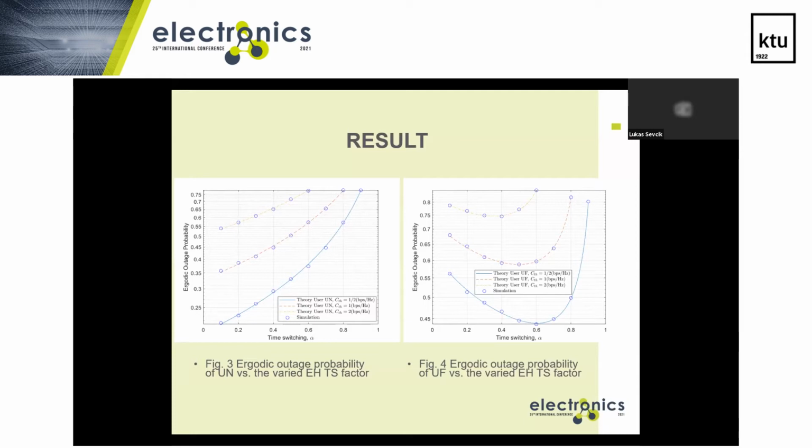And here I can present you ergodic outage probability versus the varied time switching factor. In this case, the power splitting factor is fixed, which means that beta is set to 0.3.